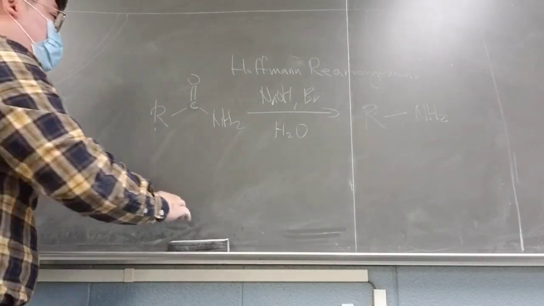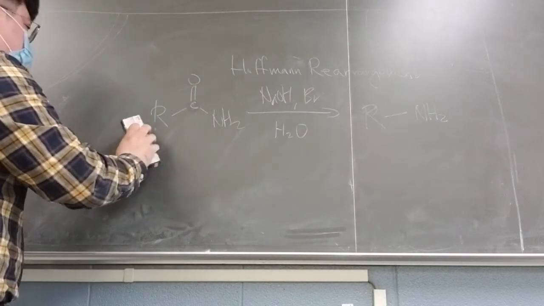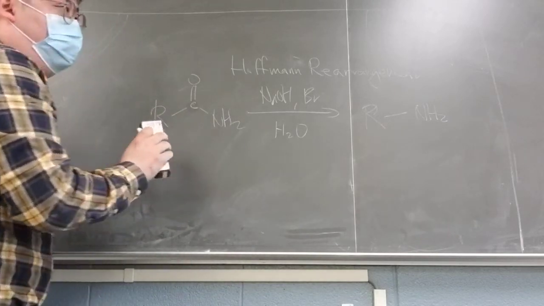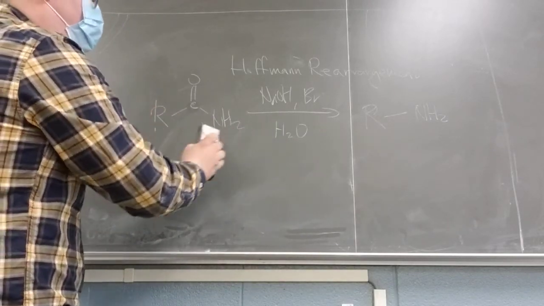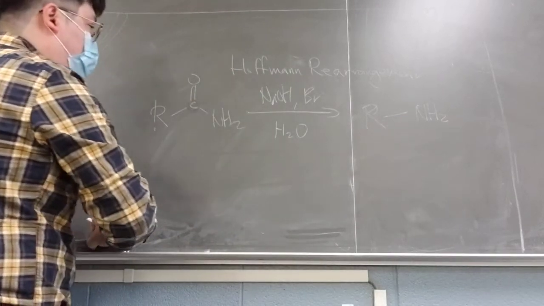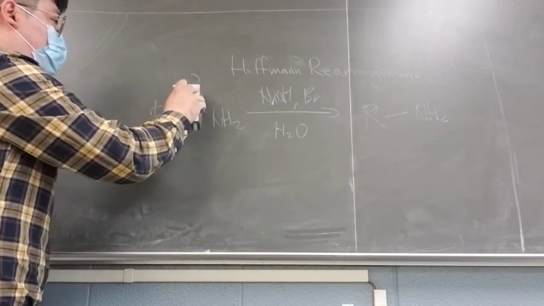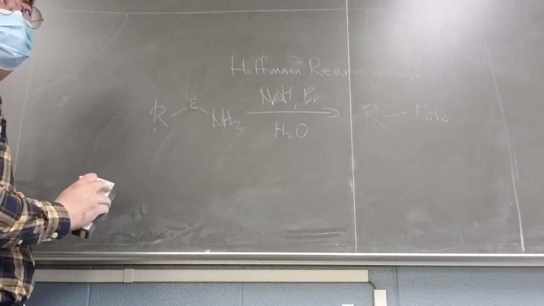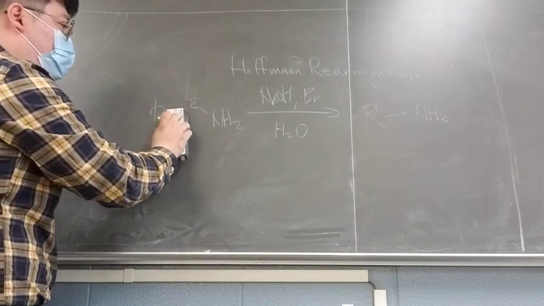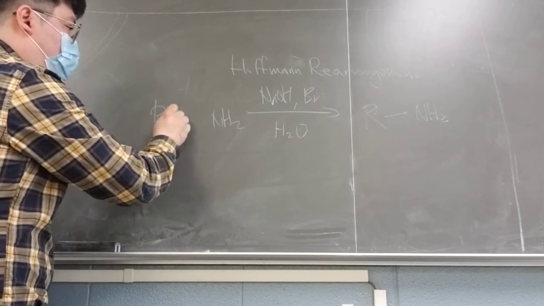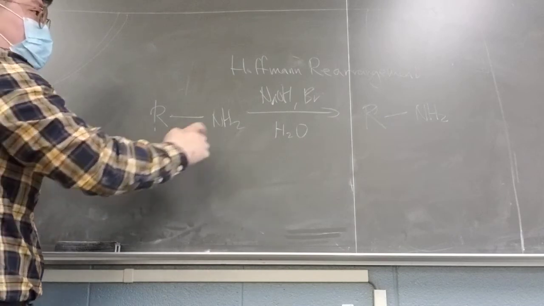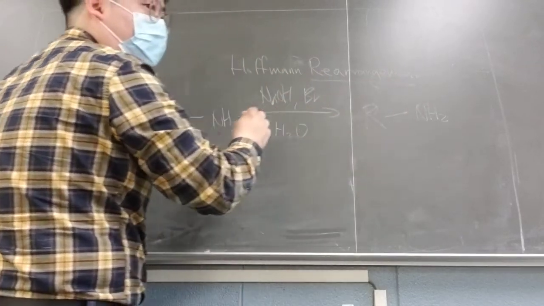So I'll show you the mechanism real quick, but I want you to just remember this one, okay? So it's not like this one, okay? Don't get me wrong. It's not this one. It's actually this one. That's what happened. So that's why we call this rearrangement.